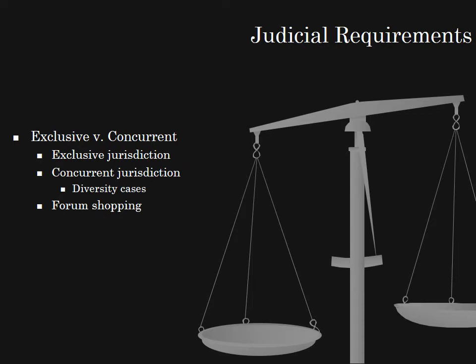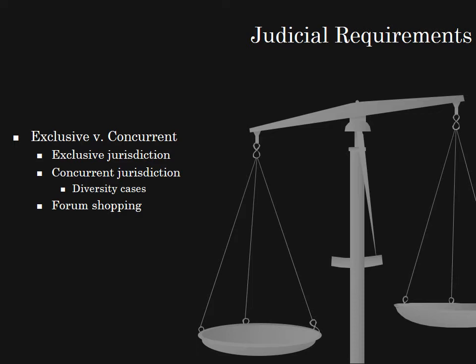We also have exclusive versus concurrent. Exclusive means that only this court can hear this case. They're the only court that will hear it. Concurrent means that we have more than one court that can hear our case. We're going to talk about diversity of citizenship jurisdiction, which leads to concurrent jurisdiction between courts.